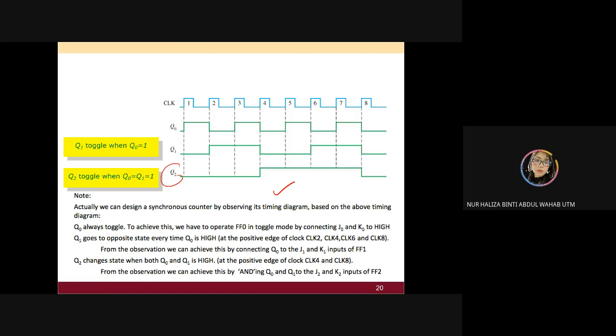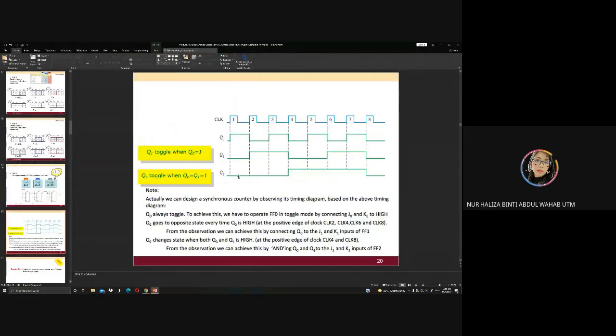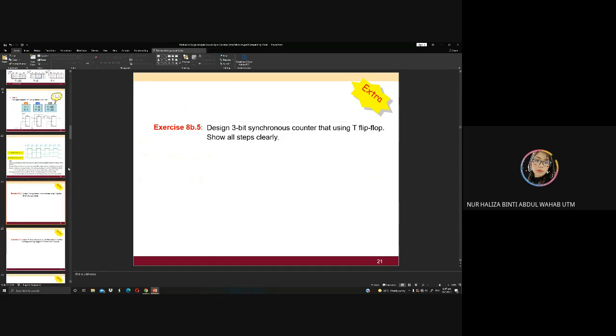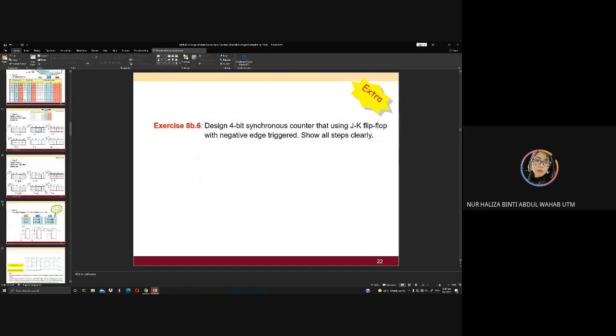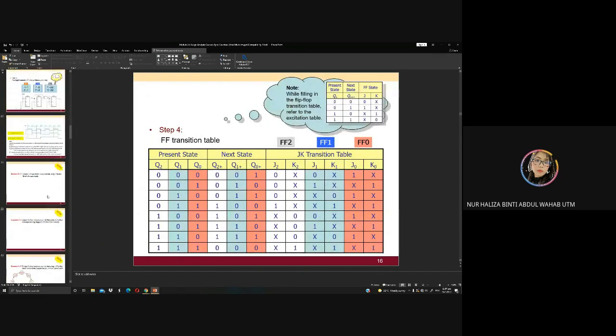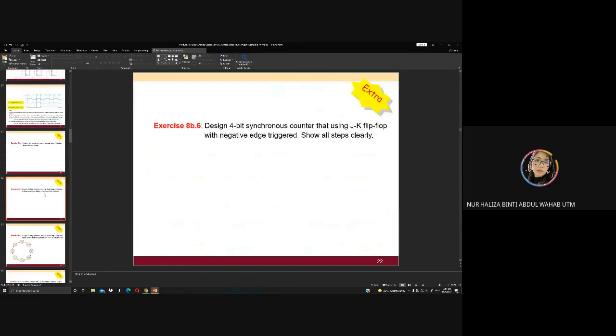Any question? Any question? I hope that you can try to design the counter using T flip-flop. Do similar things, also similar to your D flip-flop, you can try to do. And do the 4-bit synchronized also. You just follow the example here, then you can come out with all the answers.